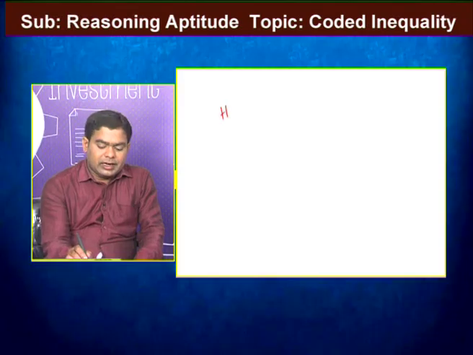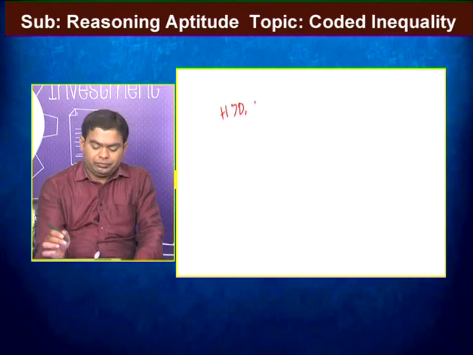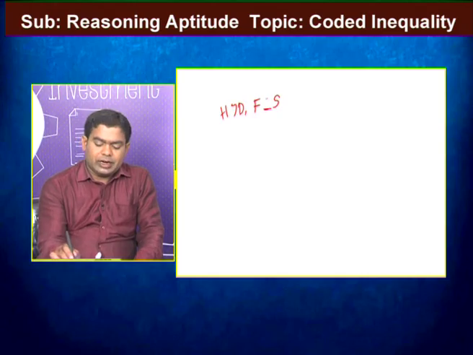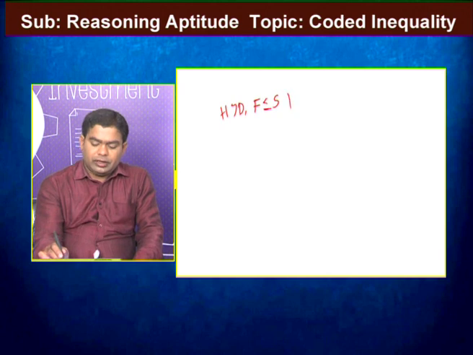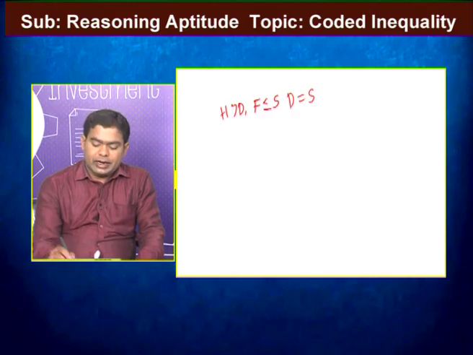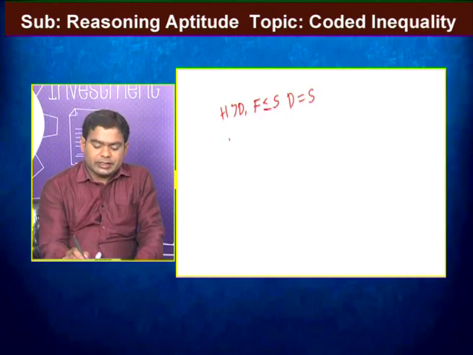H at the rate D. In our question, at the rate is denoted greater than, so H greater than D. F nabla S means F less than or equal to S. D delta S, delta is denoted equal, that means D equal to S. This is the statement.